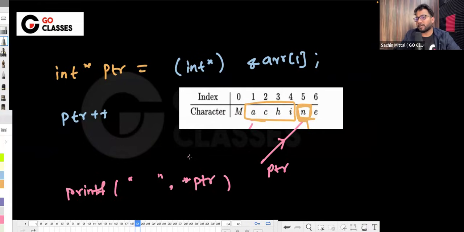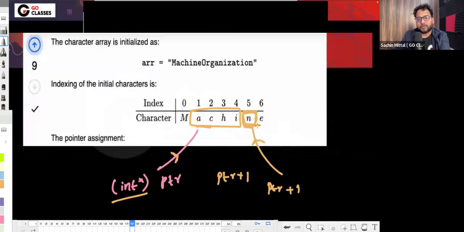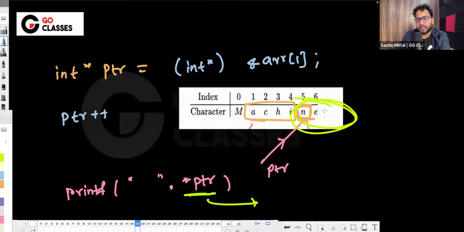Then what will happen? Can anyone tell me? Will it print n? No. It will take 4 bytes from here, whatever the 4 bytes are, so it was machine organization, right? So N-E-O-R. It will not print these characters. These are represented by some binary, some ASCII value.